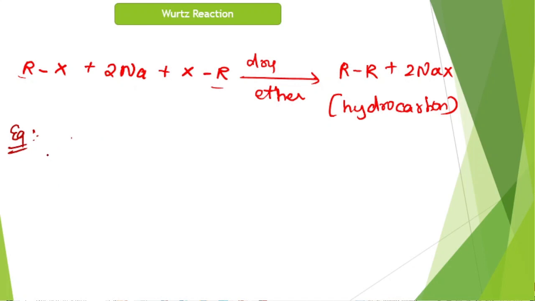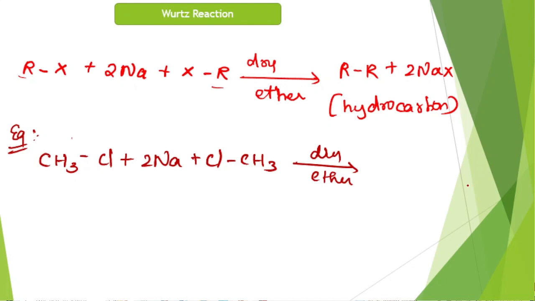So here is another example: CH3Cl plus 2Na and again plus ClCH3, in the presence of dry ether. What you will get is CH3-CH3 plus 2NaCl.